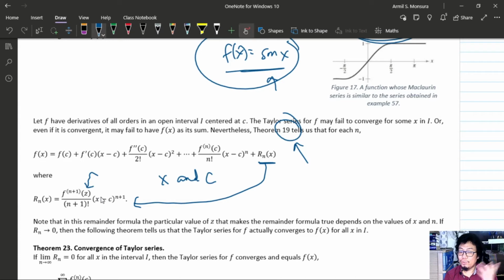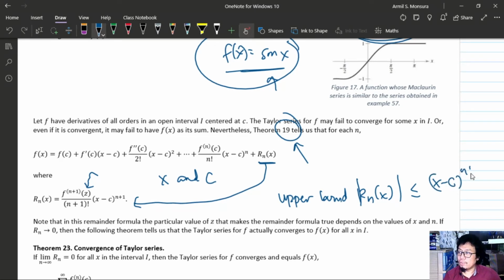So what we were doing in lesson 4.7 is that we were trying to find an upper bound for your error, which basically ends up to be x minus c raised to n plus 1 over n plus 1 factorial. That's the upper bound of your error.